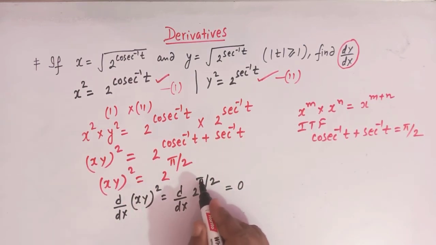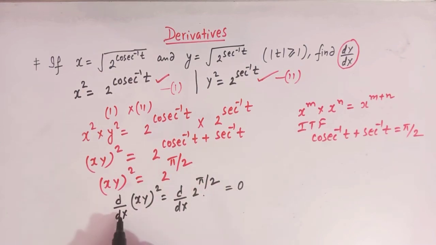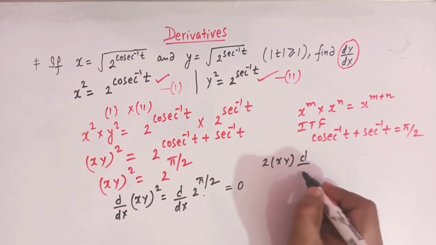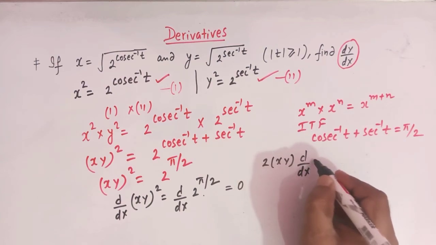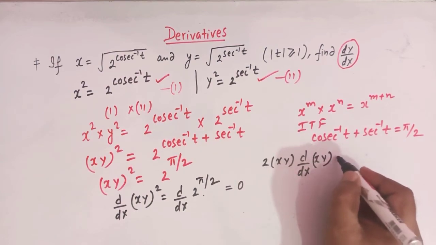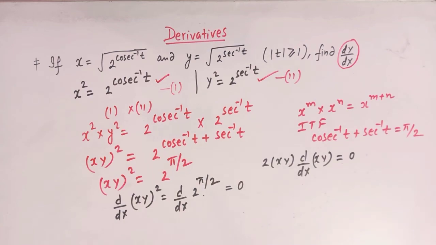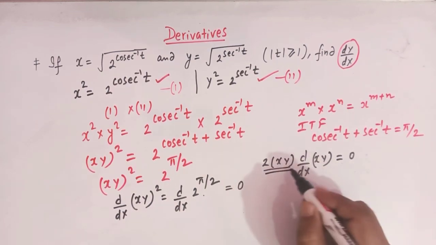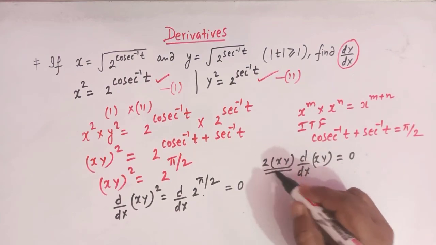So the derivative of 2 raised to pi by 2 is 0, and now we have d by dx of xy whole square is equal to 0, right? So now we can differentiate it. So we have 2 times xy, and by chain rule we have d by dx of xy, right? And this is equal to 0, right? So now this term disappears here, because if we divide 0 by this term, we'll get 0.